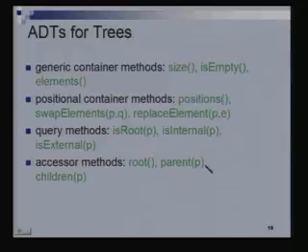Parent P: given a particular position, return to me the parent node. Children P: given a particular position, return to me the children of this node. There could be many children of a certain node, so how will it return the various children? As a sequence.